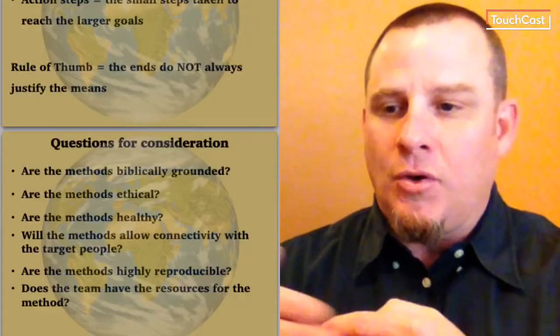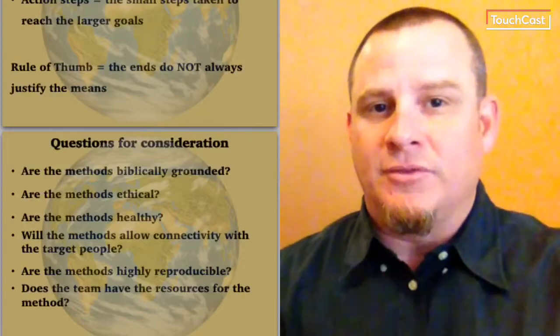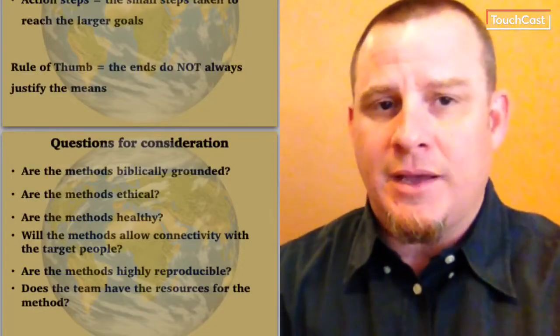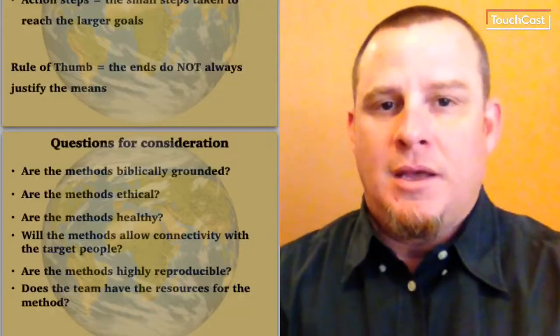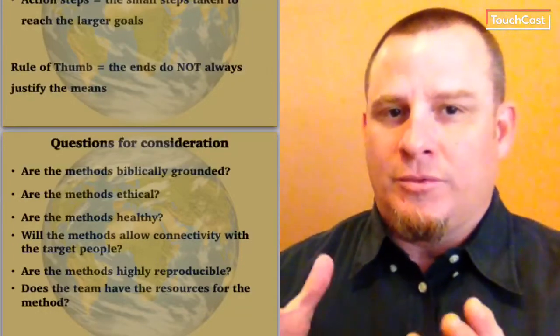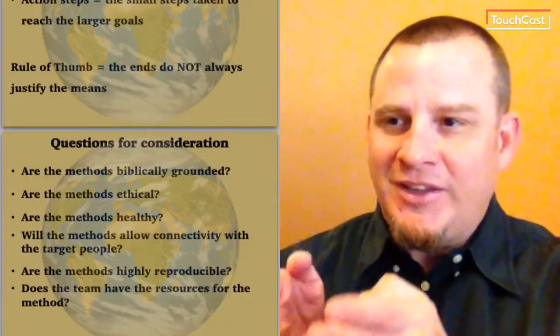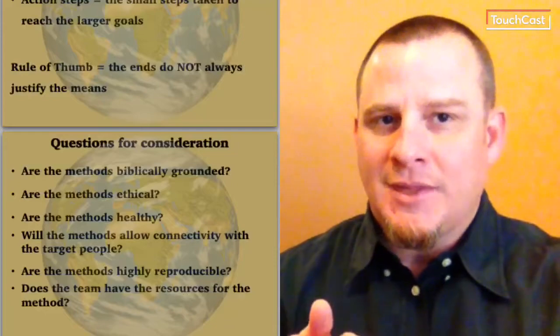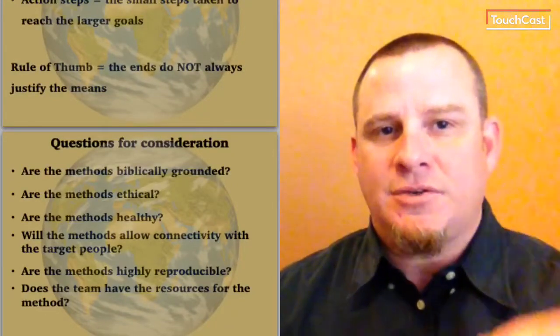Or is having that goal and those action steps going to keep us dead in the water because we don't have the resources to fulfill them? And these resources could be financial, these resources could be personnel, but we have to ask the question, do the resources and the methods that we want to employ fit our team? So there are some questions for consideration in looking at healthy strategy.